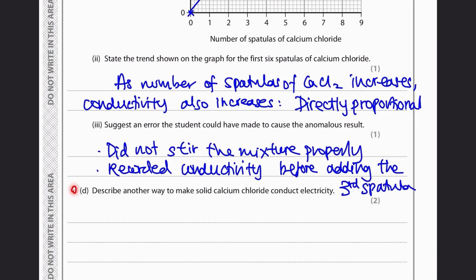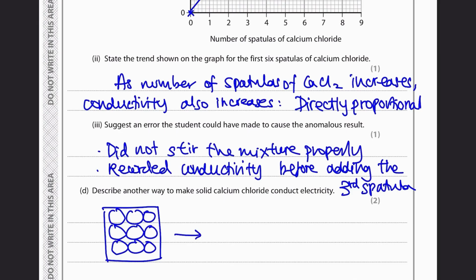Okay, question D. Describe another way to make solid calcium chloride conduct electricity. How else can you do it? Remember what we said. If the calcium chloride is a solid, it would be regularly arranged and not moving, just vibrating on the spot.